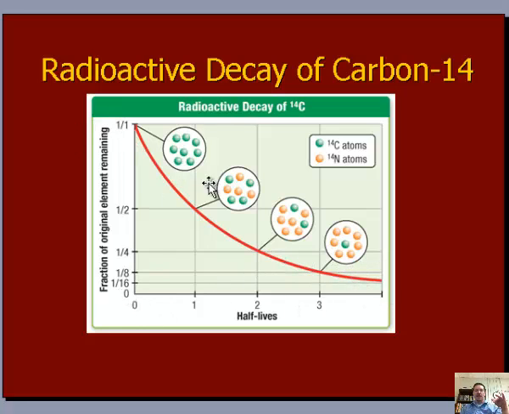But notice how this line is sloped. It's going to get closer and closer to 0, but it's never going to get to 0 because it's this curved path. But it might get to the point where it's so small that we're not really able to measure how much sample is there, or how old a sample was. So it only works for a certain given period of time.